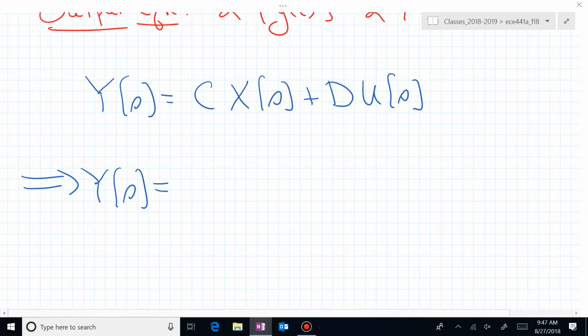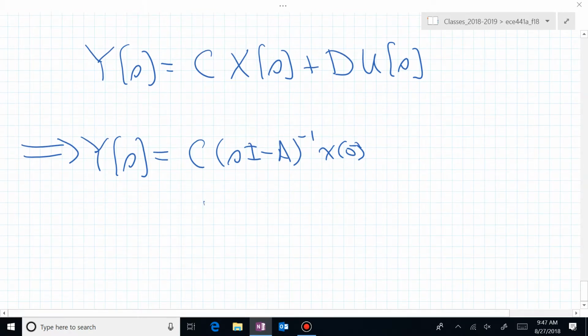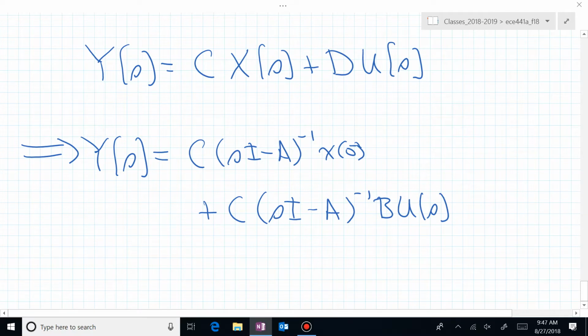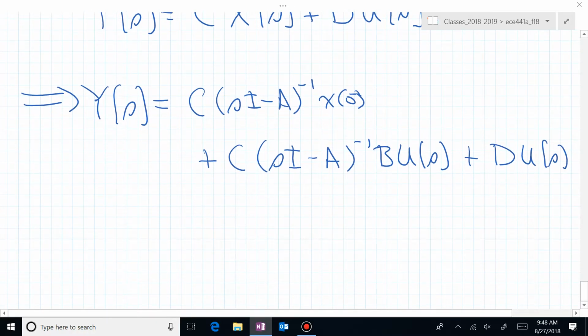We now have C times SI minus A inverse X of 0 plus C SI minus A inverse B U of s plus D U of s. And how do we find the transfer function?